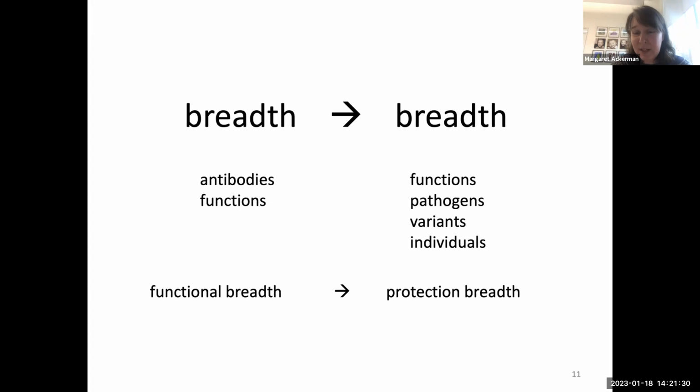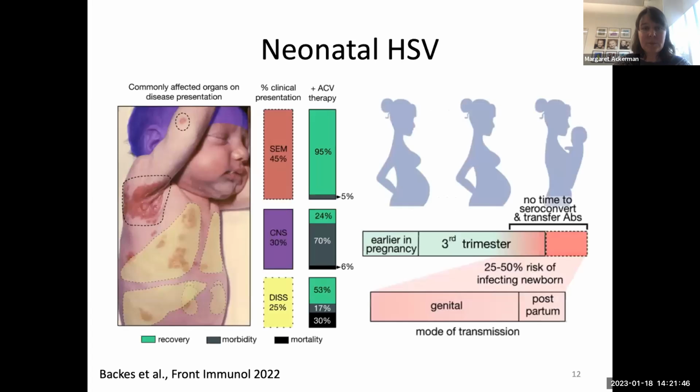Right? So I think if our goal is to have protective breadth in the face of a diversifying pathogen like SARS-CoV-2, we really need functional breadth, both in antigen and pathogen recognition, as well as in antiviral functions. And so I'm going to move to an example that I anticipated fewer people in this audience might be familiar with, which is neonatal herpes simplex virus infection.